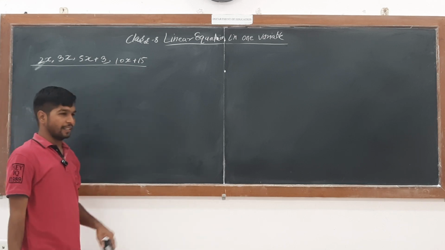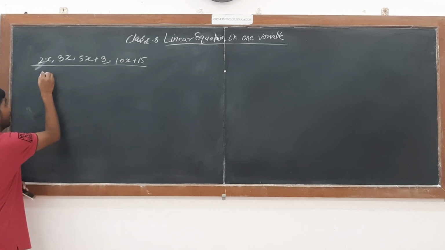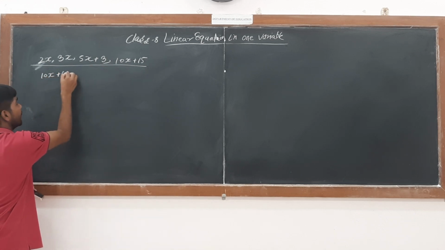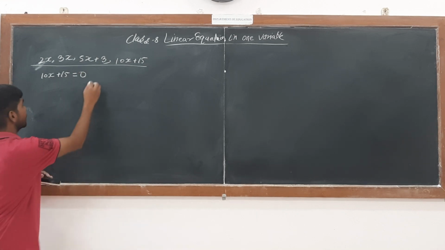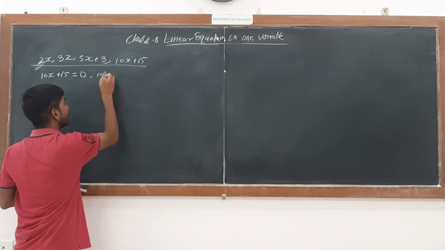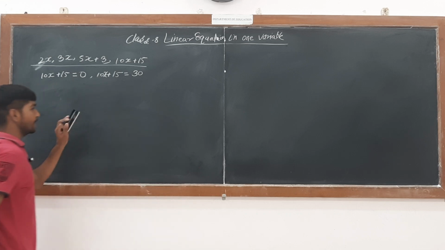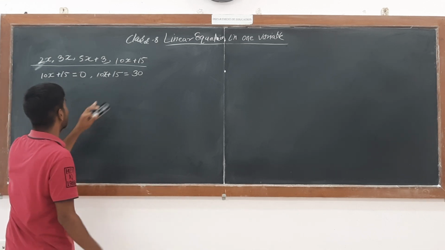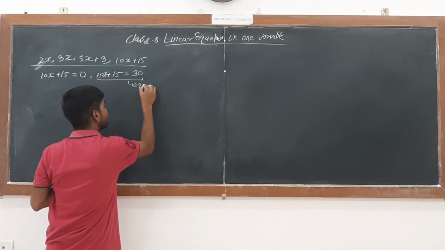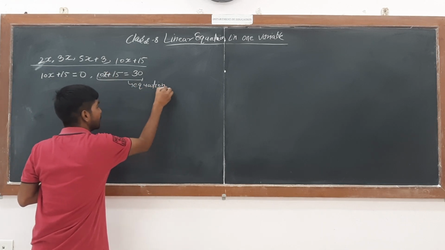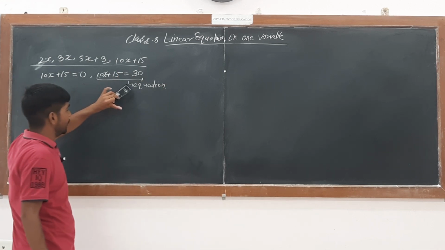But in these expressions, if I bring an equality sign, for example 10x plus 15 is equal to 30, some constant, any value I bring, then these are called equations. So in an expression, if we bring an equality sign, then it will be called an equation.